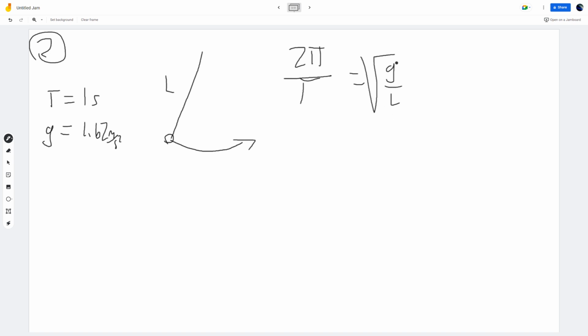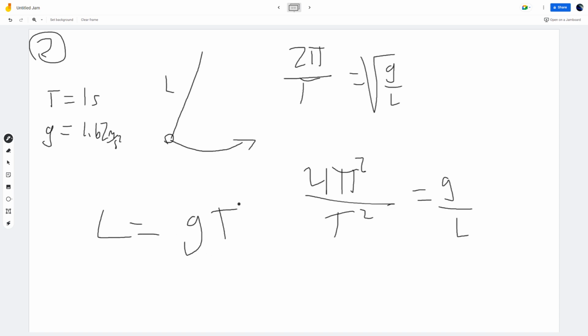Easiest way to do this, I think, would be to square both sides. So we get 4 pi squared over T squared equals g over L, and then flipping that around, we get L equals g T squared over 4 pi squared, and g in this case is 1.62.